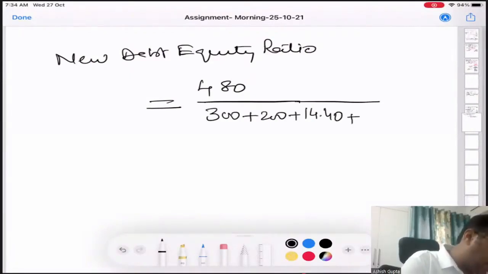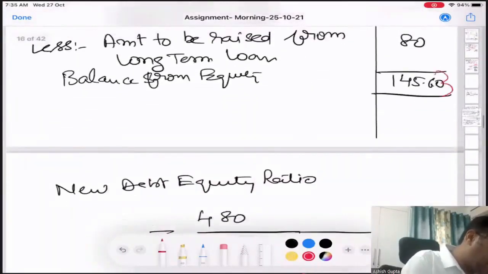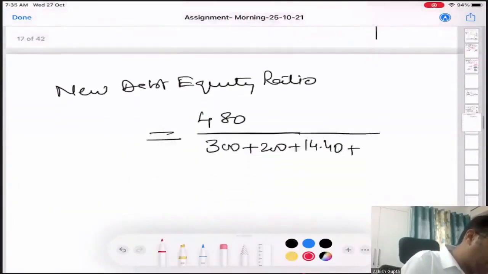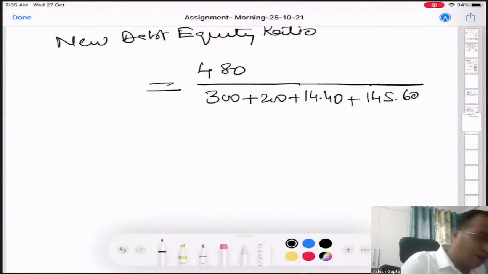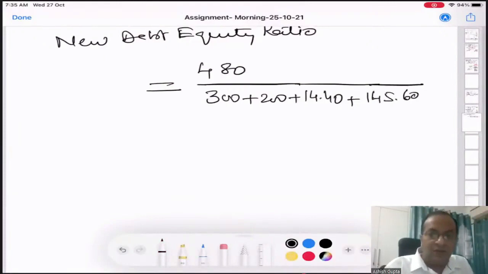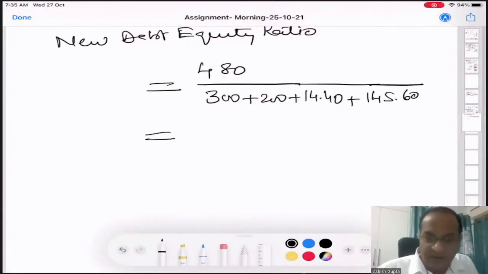Plus, very important, this additional equity will also come here. Now just solve it and get the answer. I am giving you 1 minute.